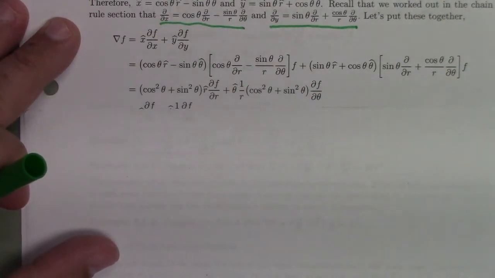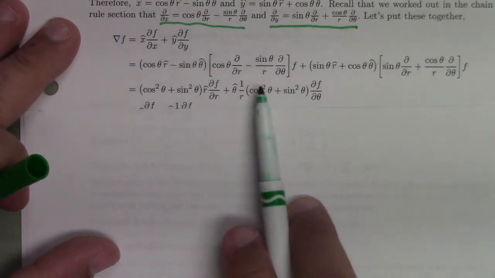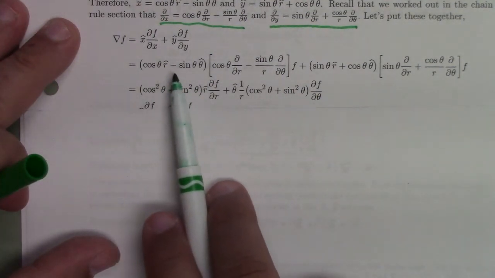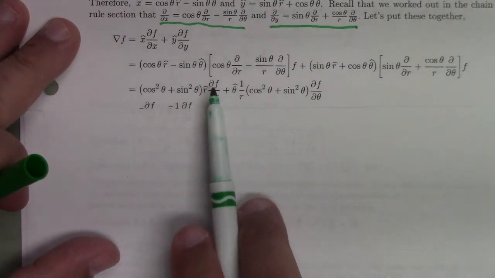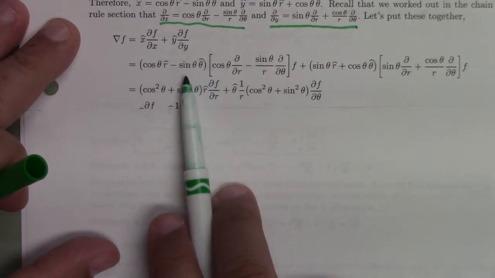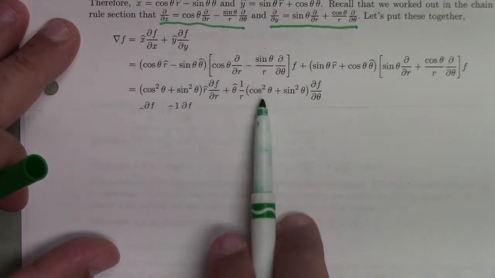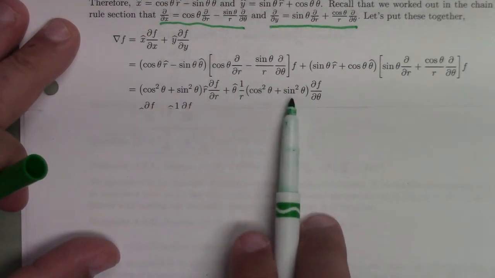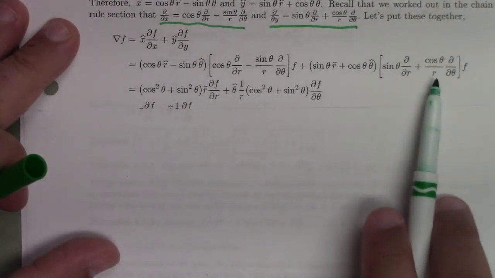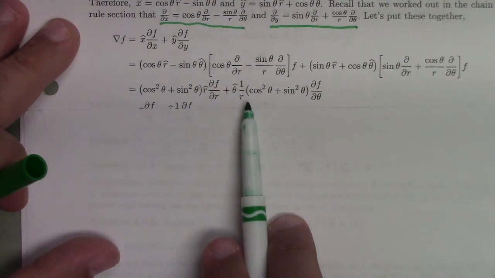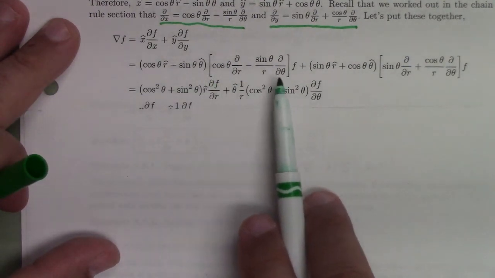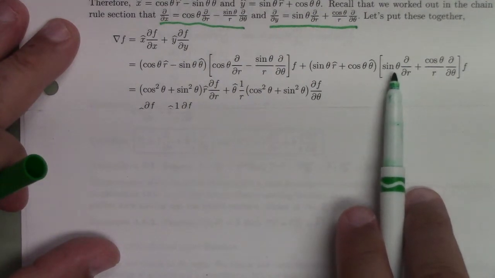And when you multiply this stuff out, you get cosine squared plus sine squared r hat, right? You get theta hat with a minus gives me plus sine squared over r from the first term. And over here we get cosine squared over r from the second term, right? And then the cross terms cancel out. I've got a sine cosine theta hat, but over here I've got a sine cosine theta hat.